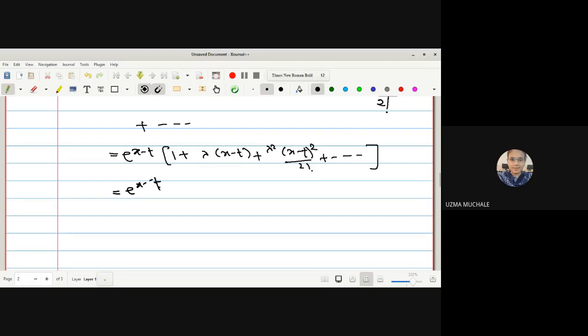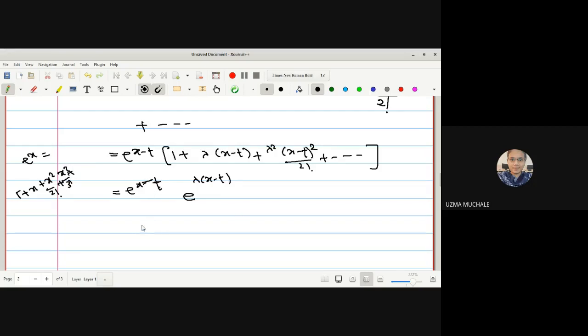What will be the formula for the bracket? This is nothing but e raised to lambda (x minus t). Right? What is the formula for e raised to x? It is 1 plus x plus x square by 2 factorial plus x cube by 3 factorial and so on.